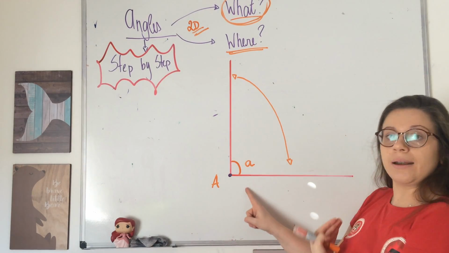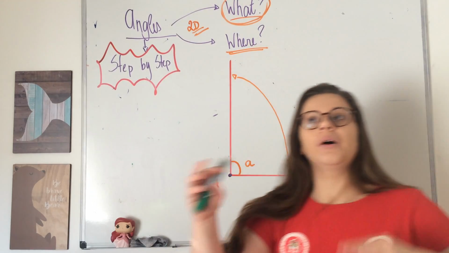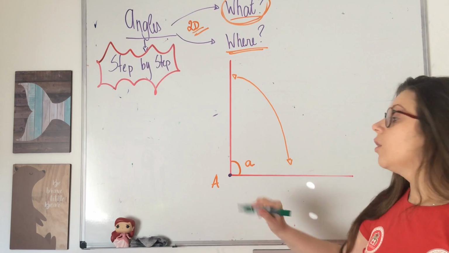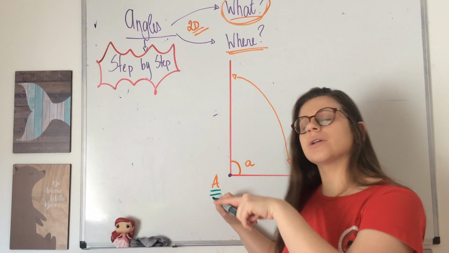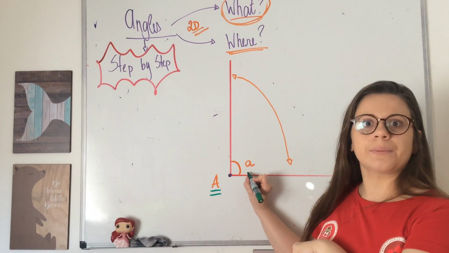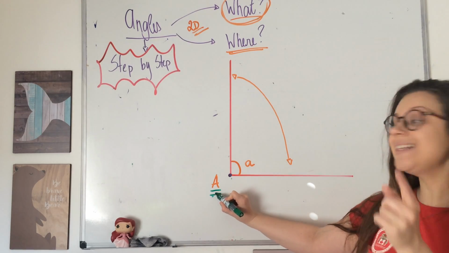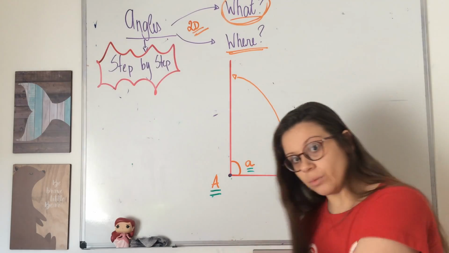I create an angle. And here is the importance of capital and lowercase letters. We call vertices by capital letters because the angles are going to be called by lowercase letters. So if the vertex is the vertex A, the angle is going to be called a, lowercase.